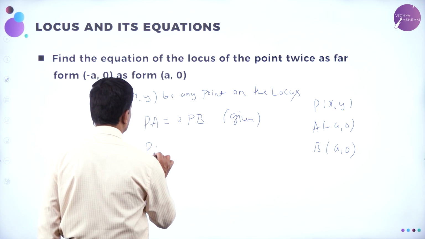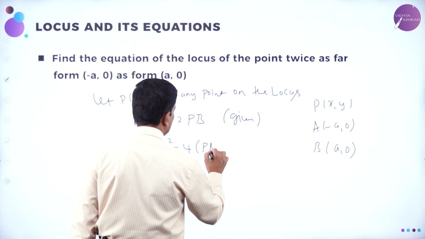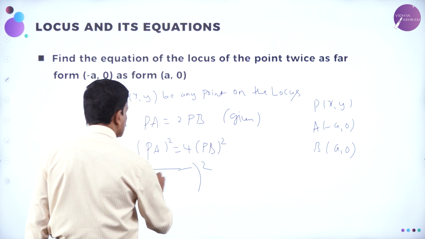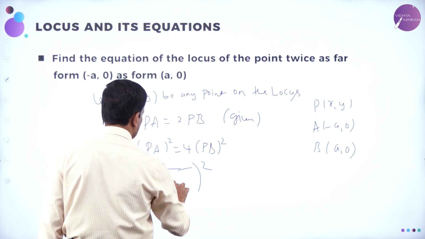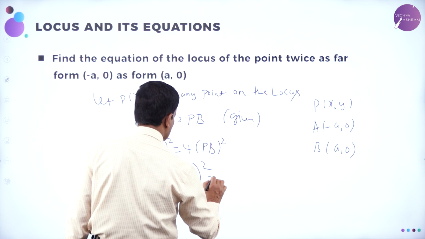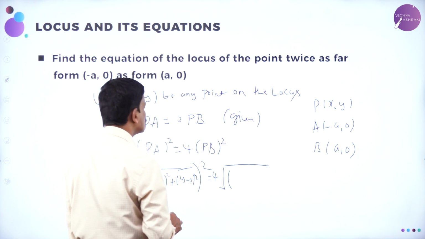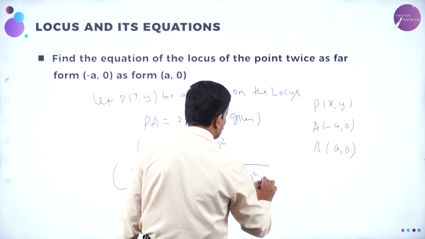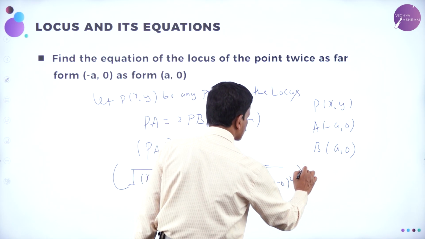Squaring on both sides, what we will get? PA whole square is equal to 4 times PB whole square. Now, using distance formula, this is root of (x plus a) whole square plus (y minus 0) whole square is equal to, this is 4 as it is, root of (x minus a) whole square plus (y minus 0) whole square.